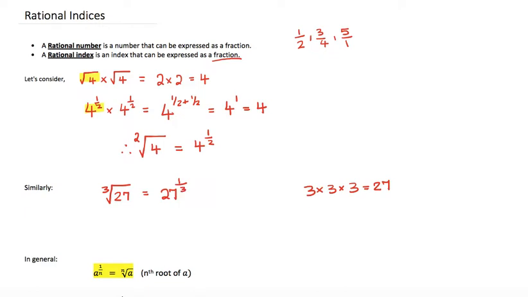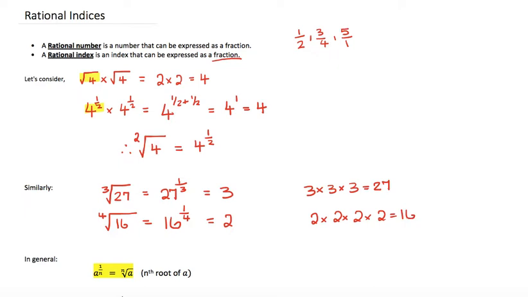Now the fraction is 1/3 and not 1/2 because it is the cube root. What if we have the fourth root of 16? The fourth root of 16 can be written as 16 to the power of 1/4. And this is 3 because that's the cube root of 27, and this is 2 because that's the fourth root of 16, because 2 times 2 times 2 times 2 is 16.